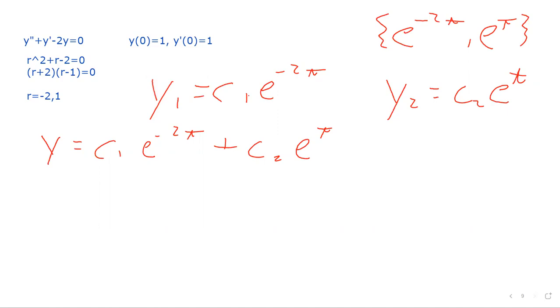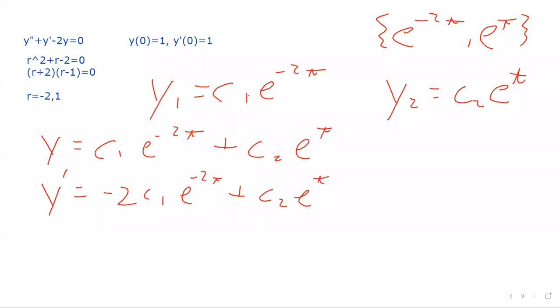All right, but we still have to find our C1 and C2. So now we have to go back to our original setup, and let's find our derivative. Oops, this one should be C1 over here.